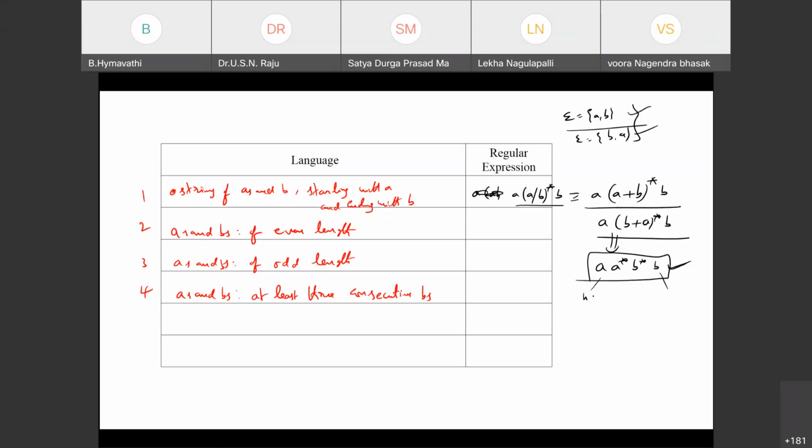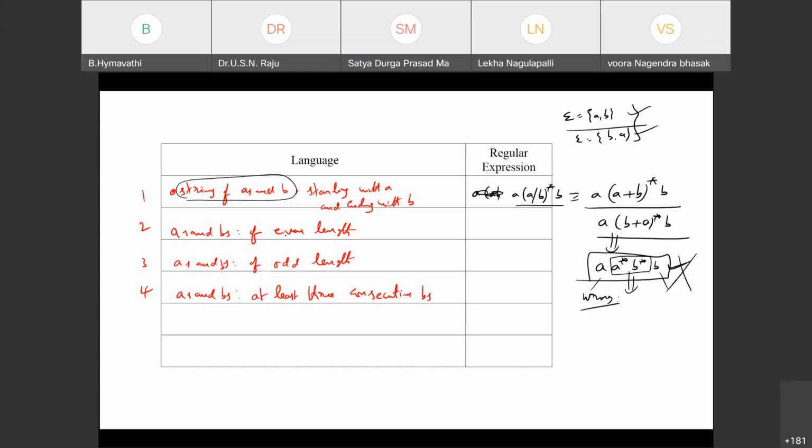Okay, why is it wrong? Can you tell me one example string? A should be followed by B, sir. Yes, and then after that we are getting B's. But it is not saying any number of A's and any number of B's in between A and B in any order. That it is violating. So that's why this is not the correct answer.